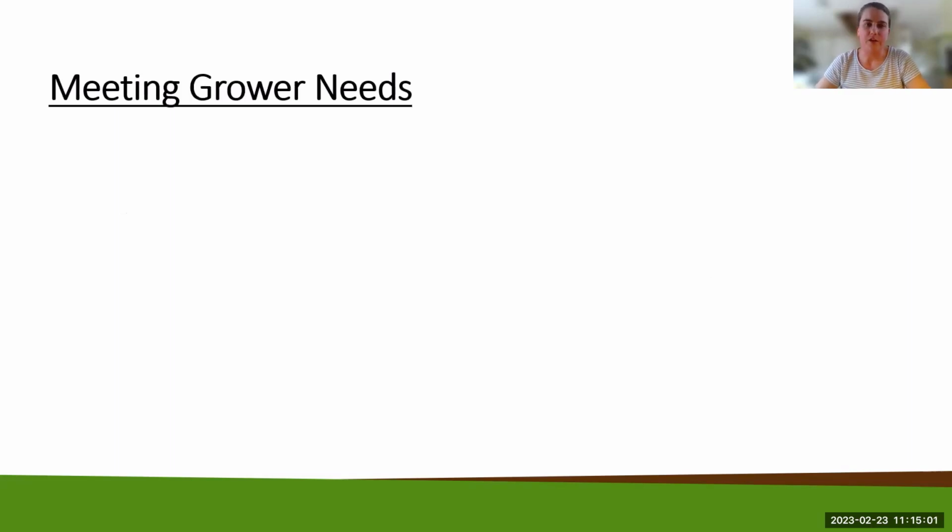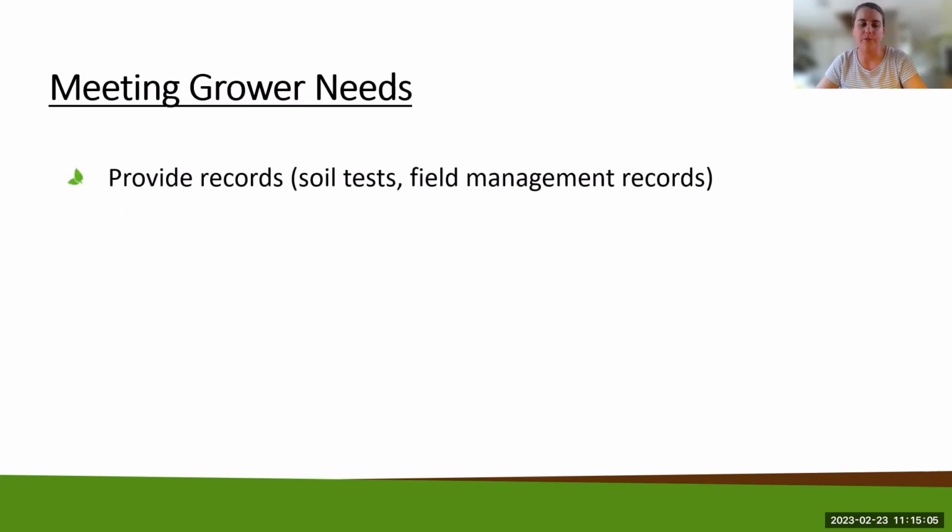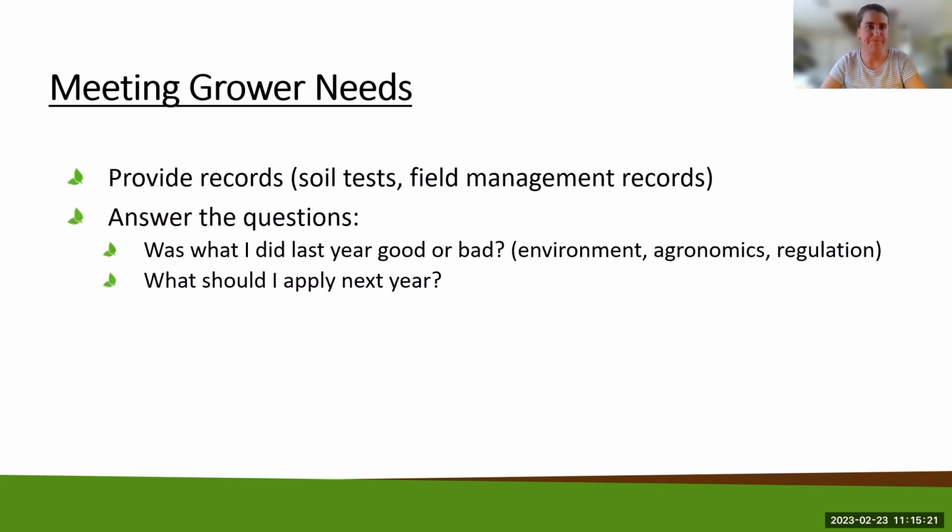Talking about meeting grower needs, through this process we're providing them with important records. Through the AEM code, there are certain record keeping requirements that have come into play for growers, around soil test values and field management records, and through this process we're helping them to have those records put together. In particular, we're answering two important questions for the growers. One is, was what I did last year good or bad?